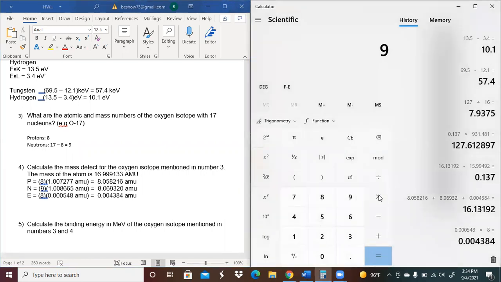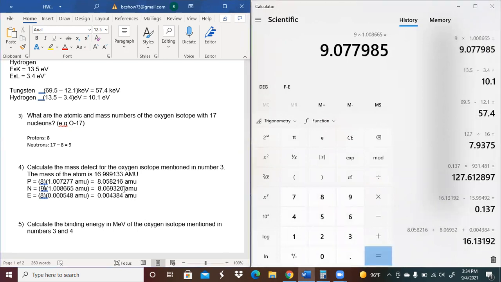So if I take 9 times 1.008665, I come up with 9.07795. Now, are the electrons going to be the same?